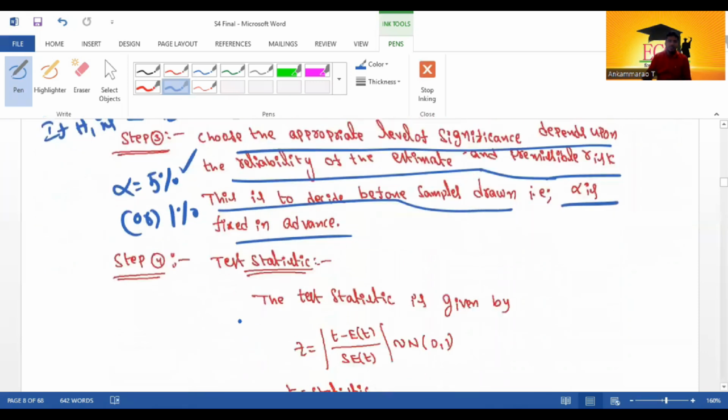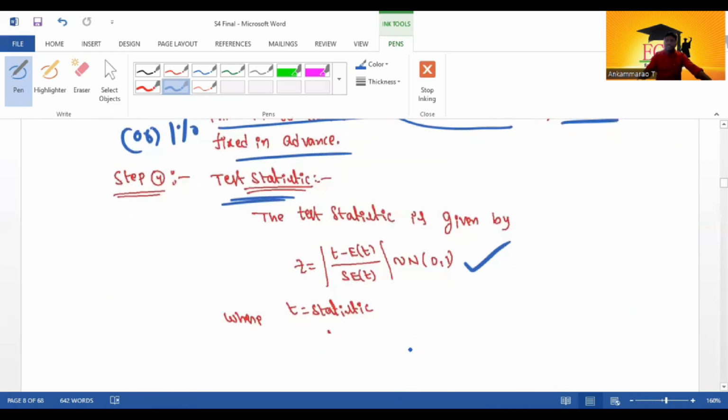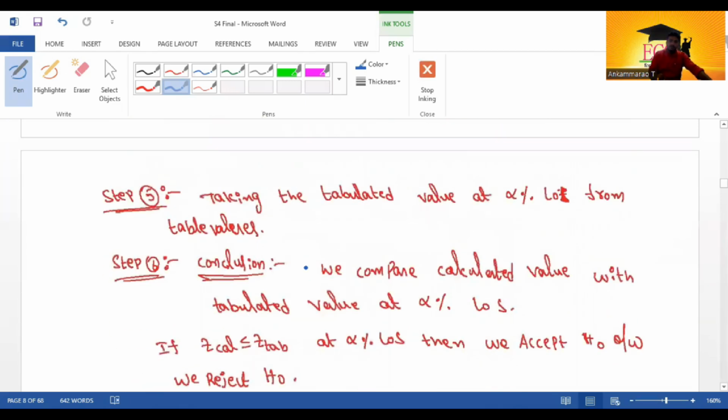Next, step 4 is the test statistic. What is the test statistic here? Z equals modulus of t minus expectation of t divided by standard error of t, which follows N(0,1), where t is nothing but a statistic. Next, step 5, conclusion.